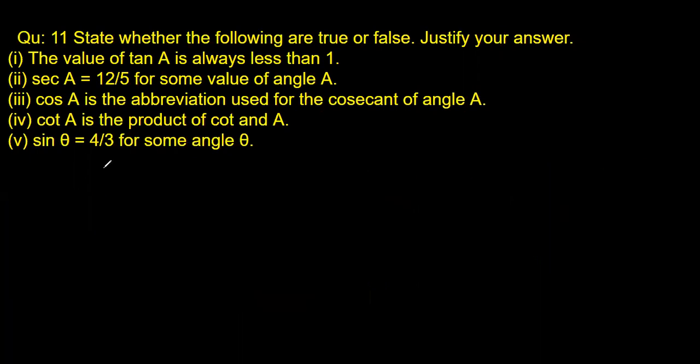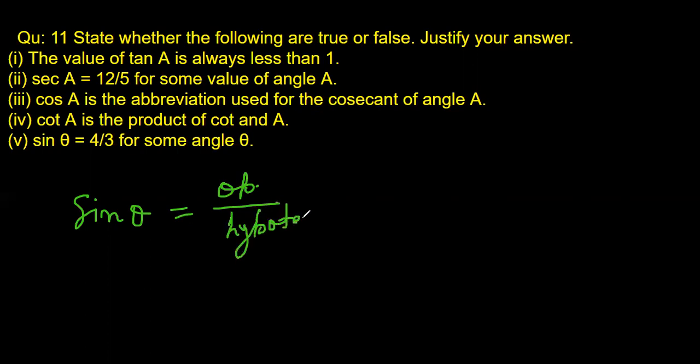Next one is sine theta is 4/3. We know sine theta is opposite side divided by hypotenuse, so this can never be more than 1. That means the last statement, sine theta is 4/3, is false.